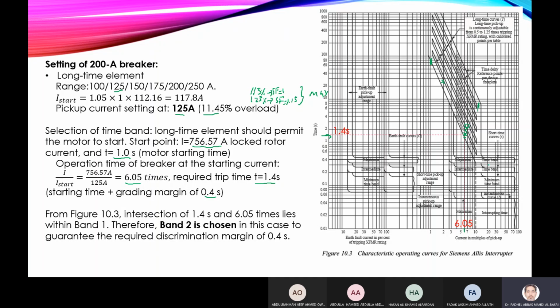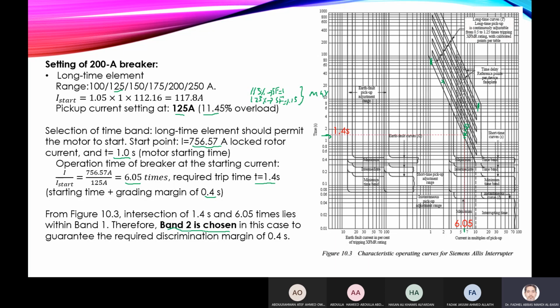So I go to the next band, which is band 2. I will not choose band 1, I'll choose band 2 for my time setting. So this is the first criterion for choosing the timing of the long time delay.